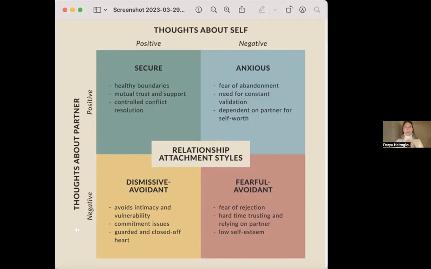So that kind of person would avoid intimacy and vulnerability at all cost. They would have commitment issues. They might have plan B and plan C in their pockets. When they date somebody, they might date another person. They're guarded and closed off in their heart.